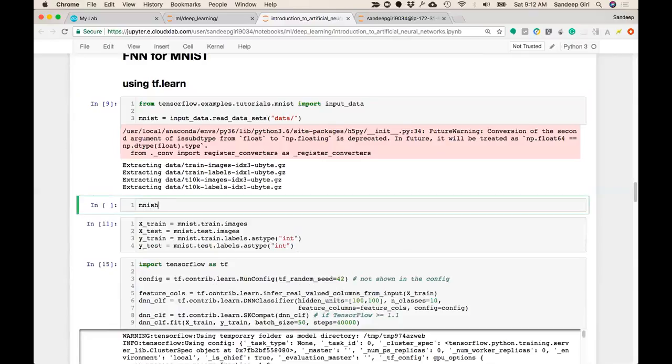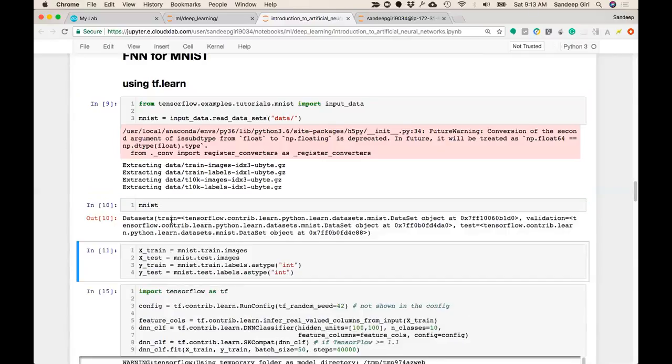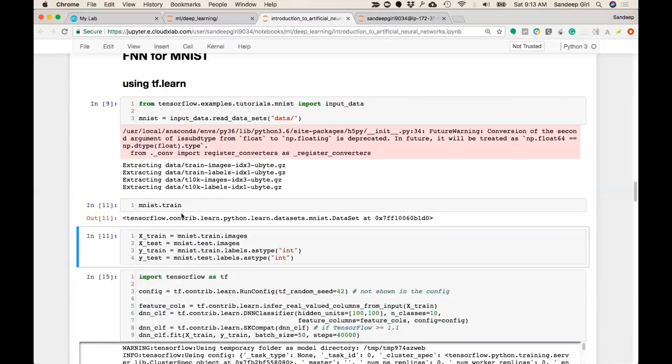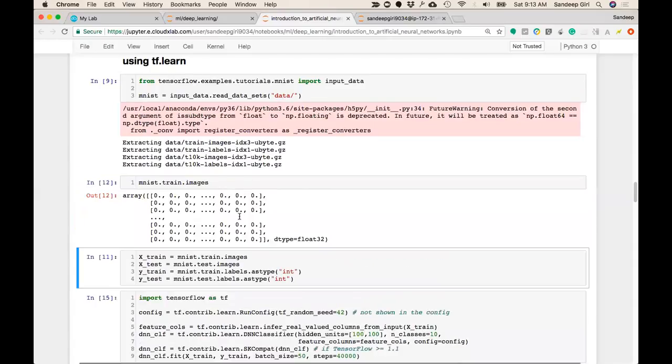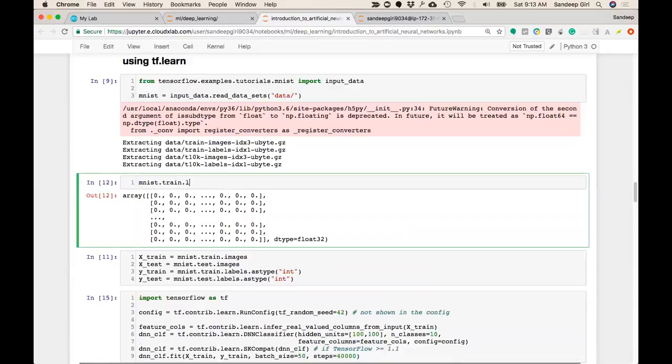Okay, is everybody on the notebooks? So it is the dataset, and let's take a look at train. Train basically has this dataset. We could say dot images. You can see the dot images and dot labels.